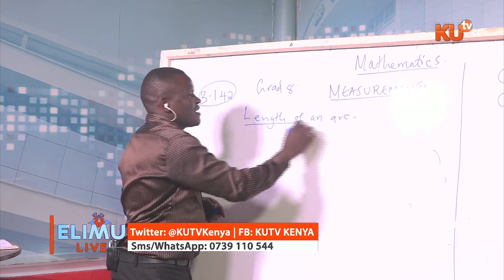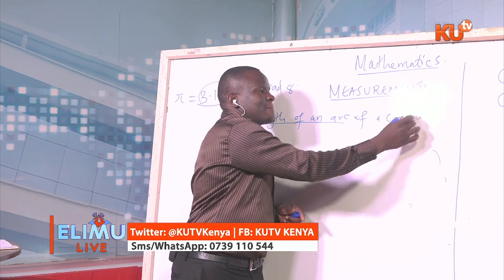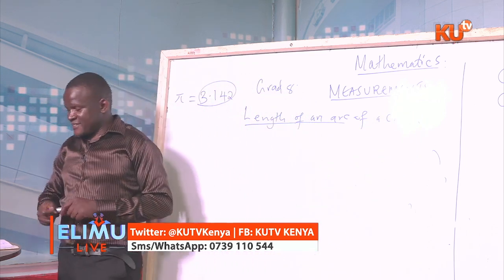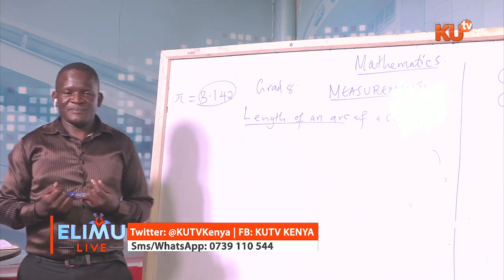Length of an arc of a circle. An arc is part of a circumference. An arc is part of a circumference of a circle.